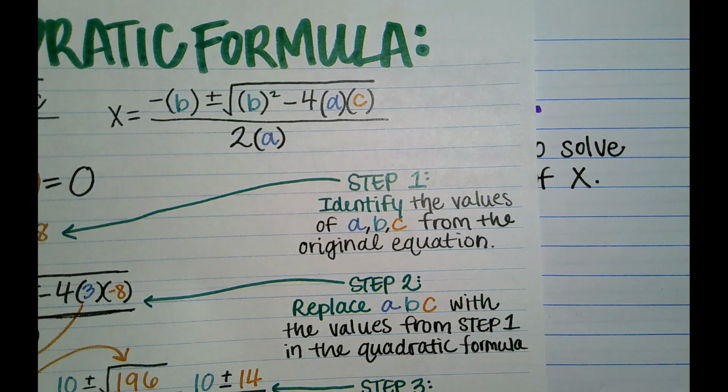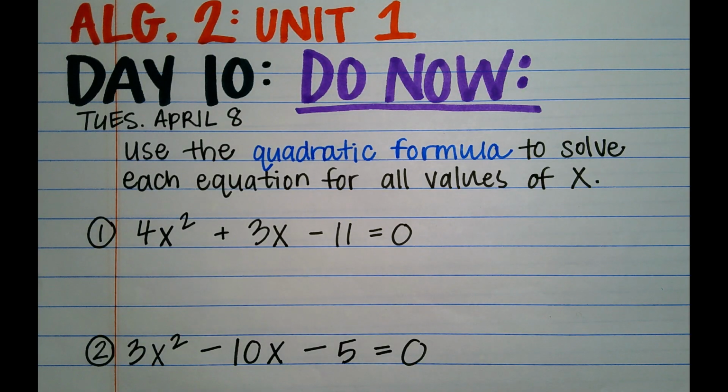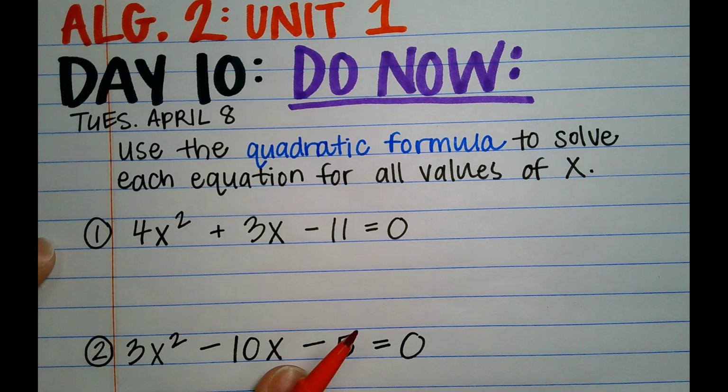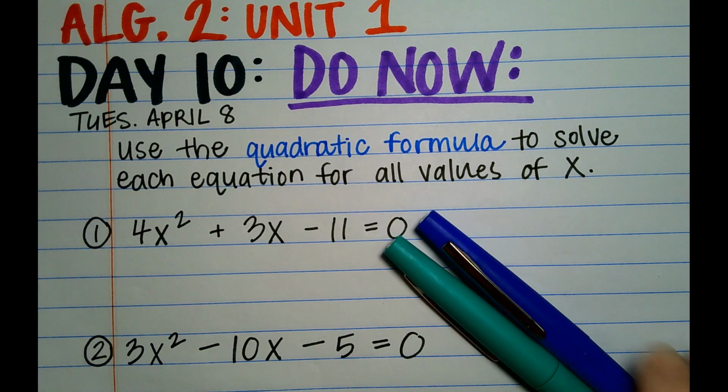What is step 1? Yes, we want to identify all the values for A, B, and C in our problem. So I'm going to get out some different colors, and I'll probably match it to this paper here.